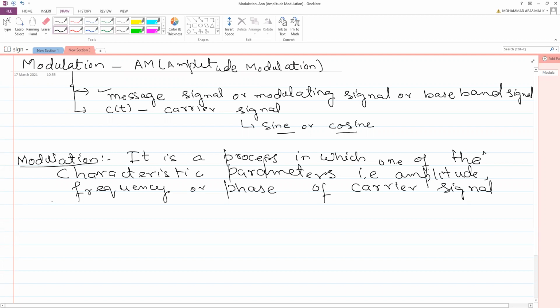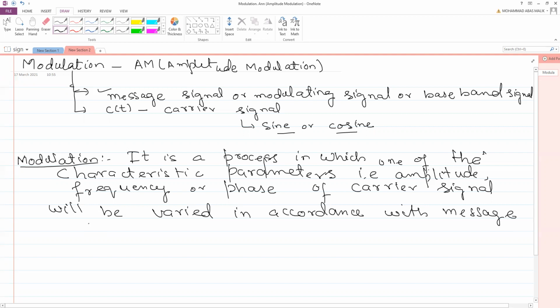That means the parameters will be varied in accordance with your message signal. A message signal is also called a baseband signal or modulating signal.